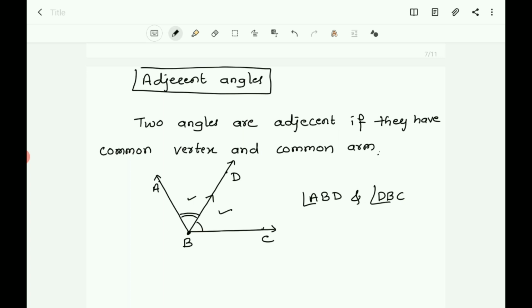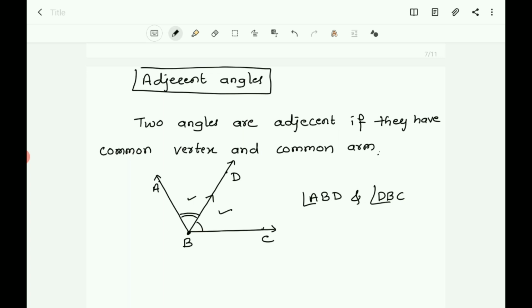So, what are adjacent angles? Two angles are adjacent angles if they have a common vertex and a common arm. Here angle ABD and angle CBD have a common vertex and a common arm, so they are called adjacent angles.